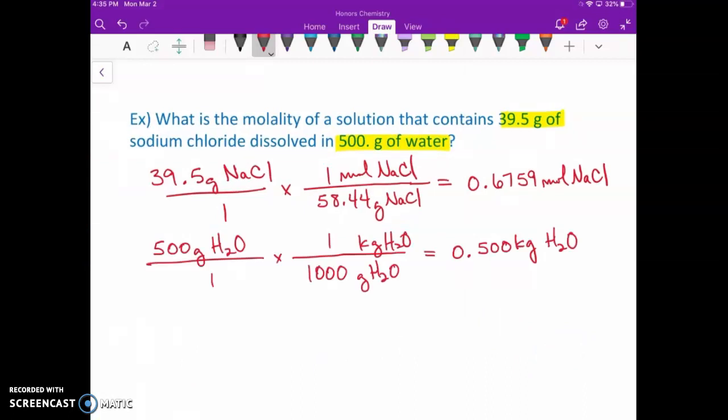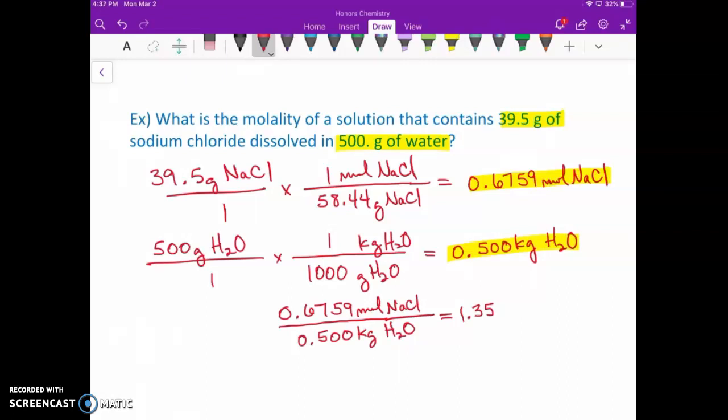So I just divided by 1,000, since there's 1,000 grams in a kilogram. The last step is to take my moles of solute, sodium chloride, and divide it by my kilograms of solvent. I get 1.35 moles per kilogram. But just like molarity is a capital M, molality gets the symbol lowercase m.